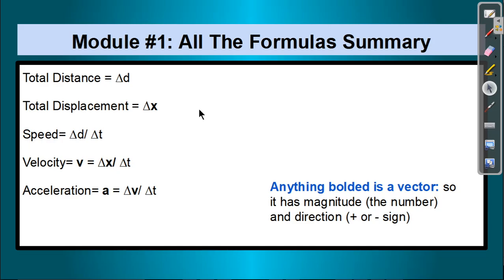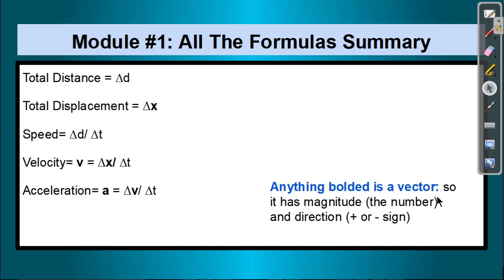Know that in your textbook, anything that is bolded is a vector. You may not know what a vector is yet. If you have not done trigonometry, you probably don't know what a vector is. We'll be working with vectors this year, and I'll teach you what you need to know about vectors in Module 3.